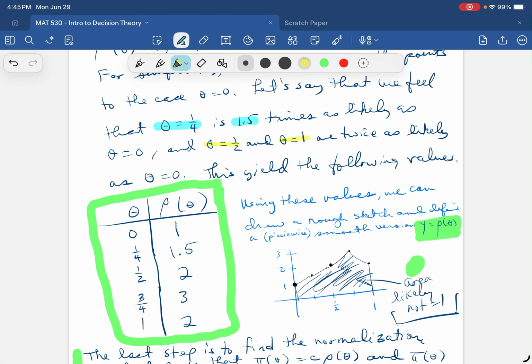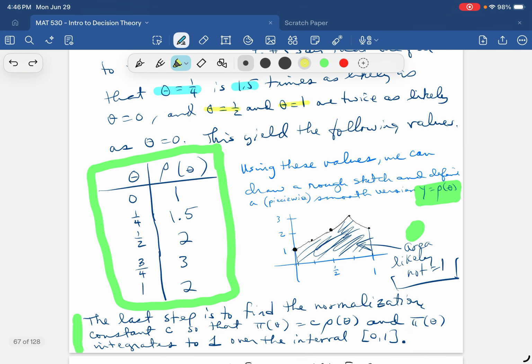Once we get this table, we can plot the points and connect the dots, either using line segments or maybe some sort of smooth curve. Then find a constant that works, and you have a valid density. And then, as always, you should go back and do some consistency checks at a few places, just to make sure that your assessment of what's likely and what's not is consistent.